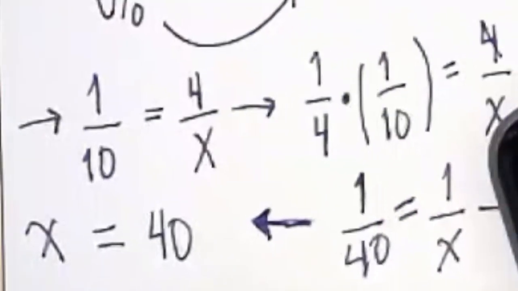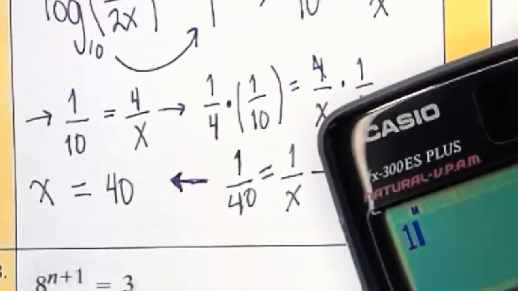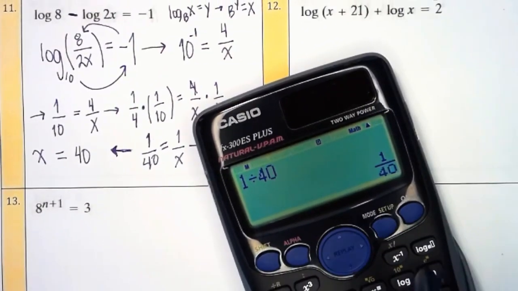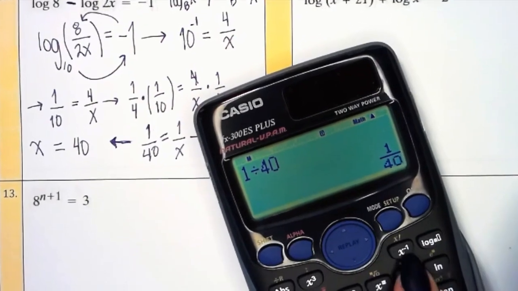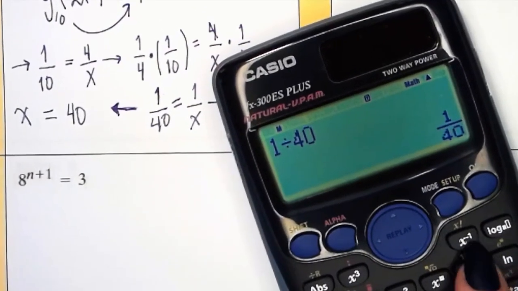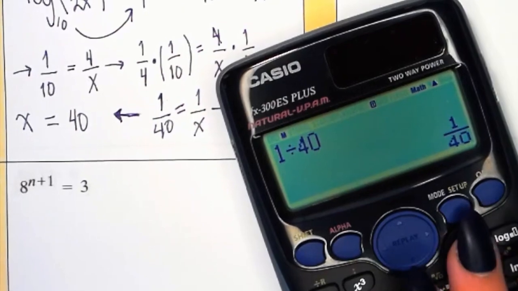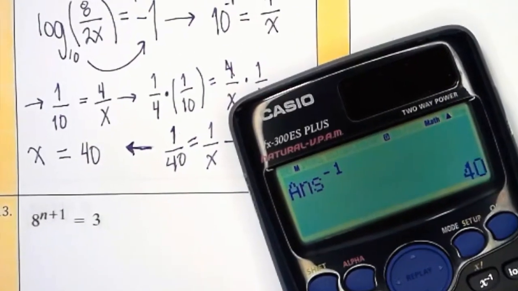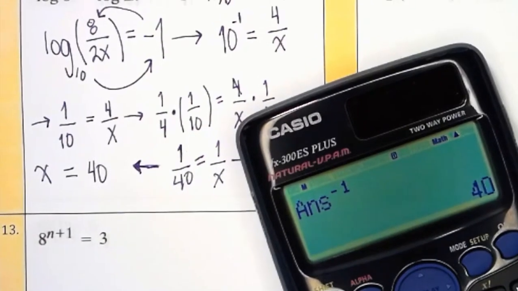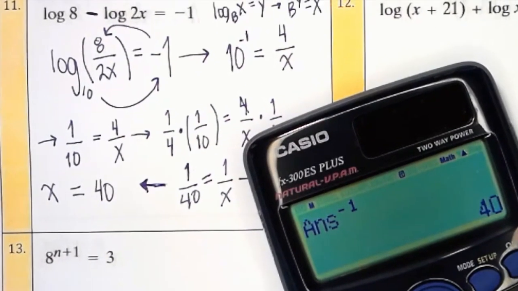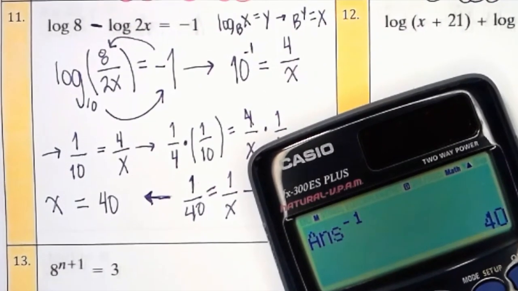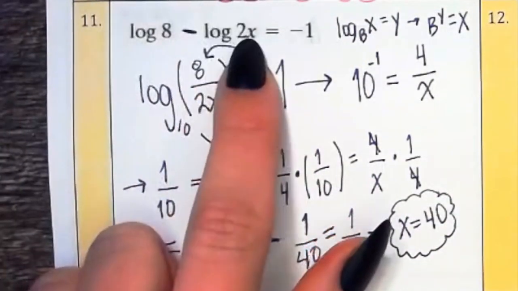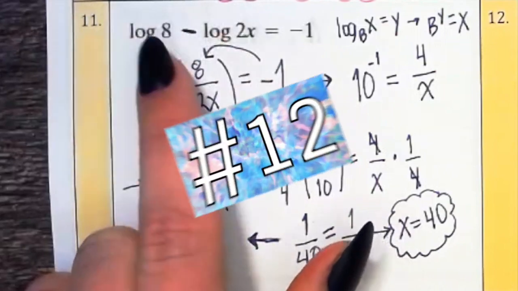If I were to punch in 1 divided by 40, which is 1 over 40, or I could have used the fraction button, I have that little x to the -1 button, which really is going to find me the reciprocal of that answer. 40. Granted, this one was really pretty basic. It does come in handy when you have big, gross decimals. Oh yeah, and the domain here was all numbers greater than 0. We'll talk about the domain in a different question, though.